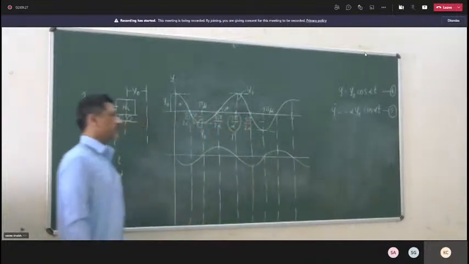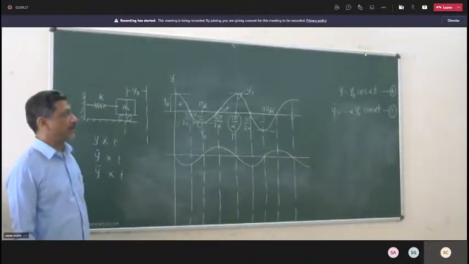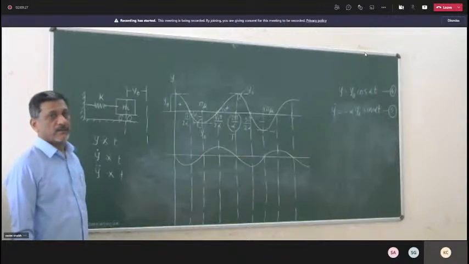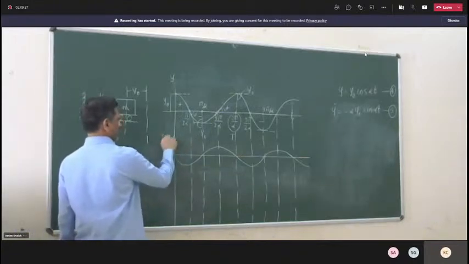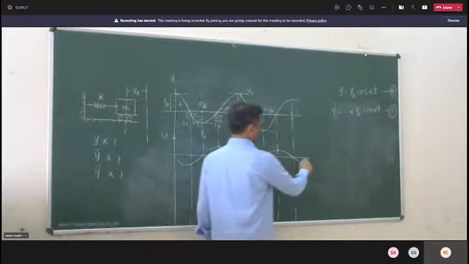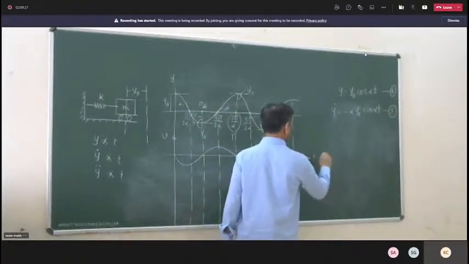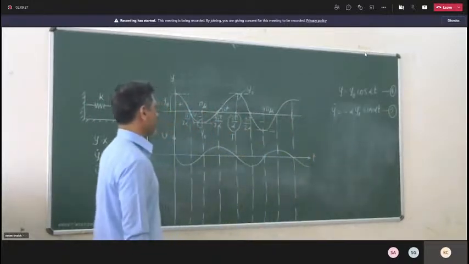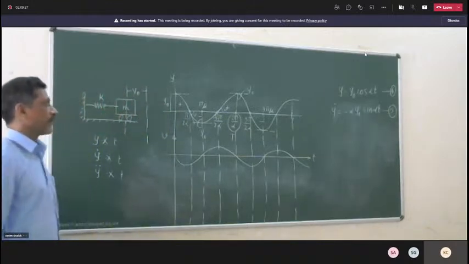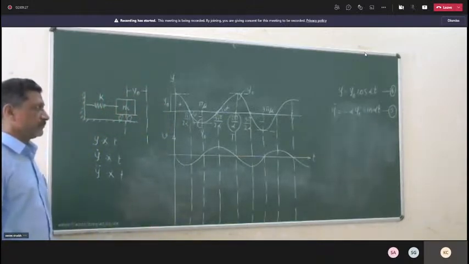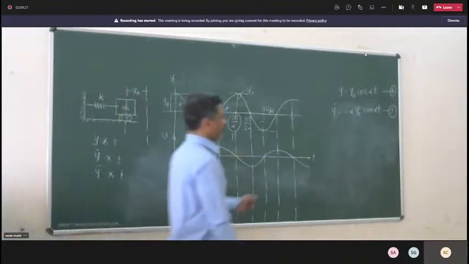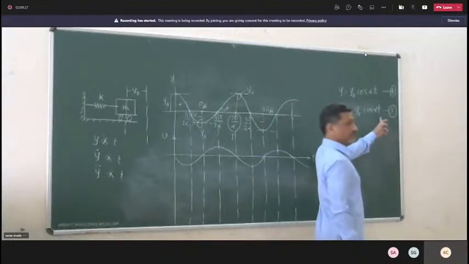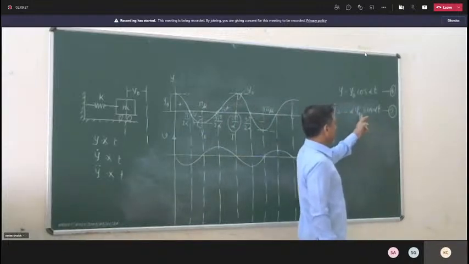So let's plot a sine curve on the negative side. You do like this. At 0, sin theta is 0, velocity is 0. This is, you can say, the velocity versus time graph. What is the maximum velocity? When sin theta is maximum. Maximum value of sin theta is 1.